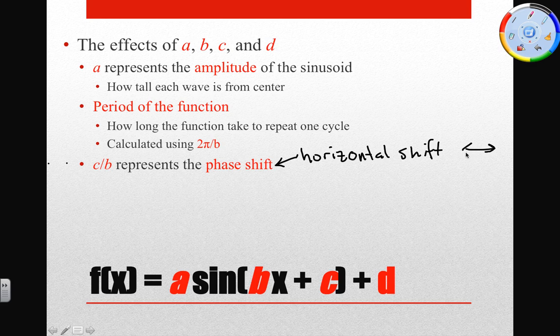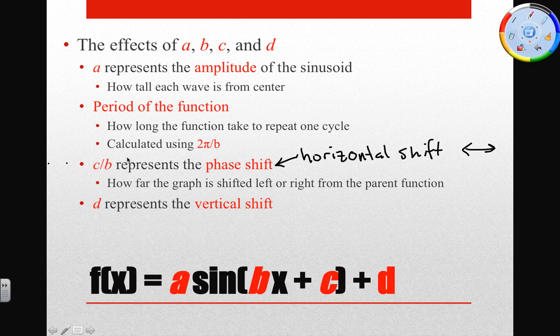It's left or right. And it's C over B. And if this is a plus sign here, this plus C, then it moves to the left. And if it's a minus C, it moves to the right. It's exactly like we did before with transforming graphs.